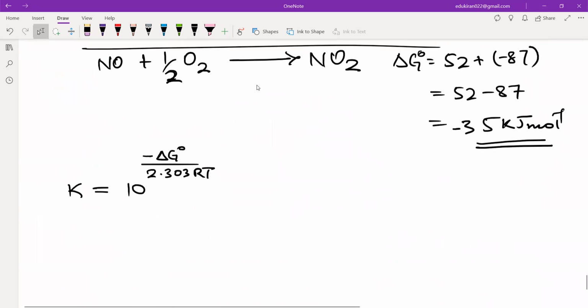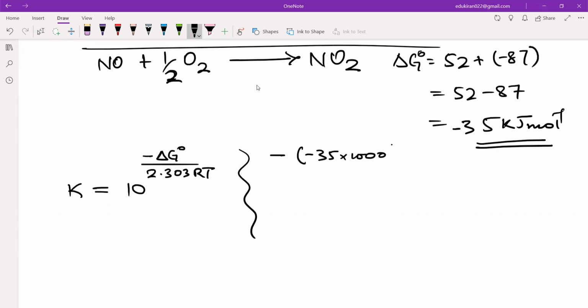So first of all, we will write what this is. Delta G naught is minus of minus 35 kilojoule per mole, so 35 into 1000 joules per mole. We have to keep this in joules, not kilojoules, because R will be in terms of joules. 2.303 into what will be R, guys?